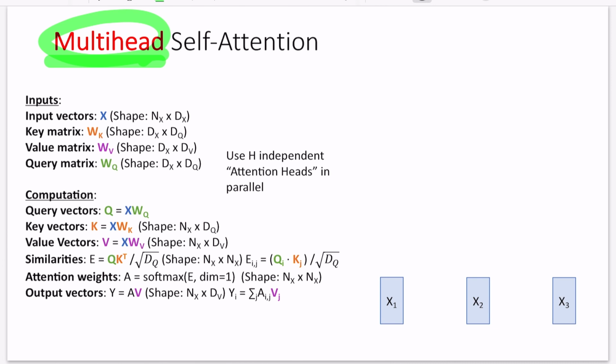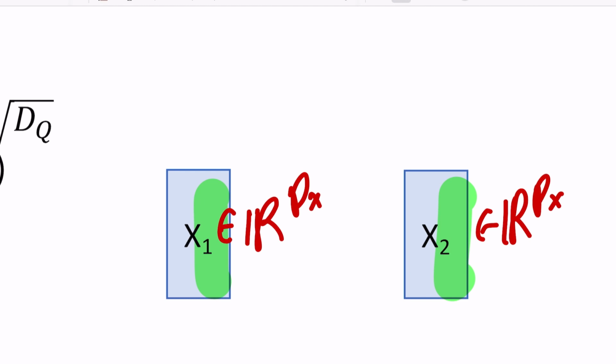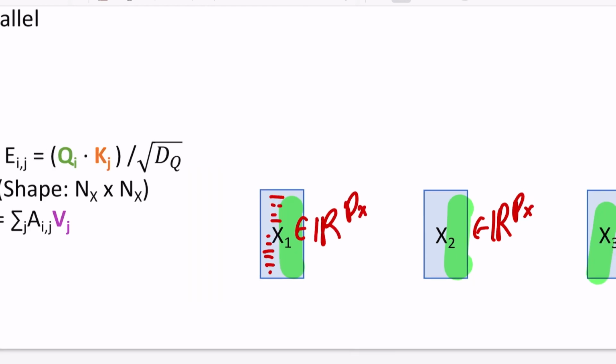Right. Let's suppose that you have the set of vectors x1, x2, x3, and in this case, each vector has dimension dx. But similar to the Google Lab, inside each channel, each channel may be processed independently with an independent self-attention module.